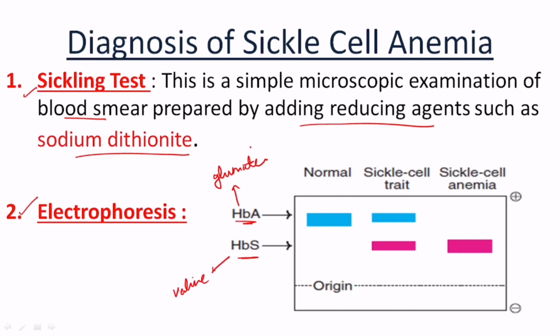But as compared to valine, glutamate is more negatively charged, and therefore it is much attracted towards the anode. As you can see here, this is the hemoglobin A. It is much attracted towards the anode as compared to that of the hemoglobin S. In the sickle cell trait, the patient is having both the hemoglobin A and the hemoglobin S.